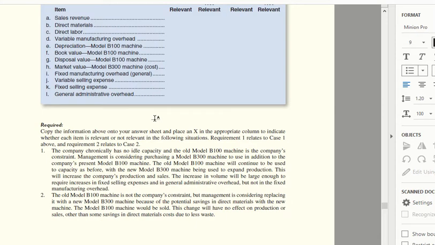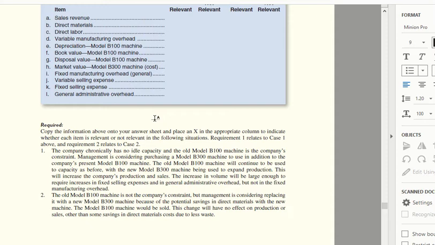The old model B100 machine is the company's constraint. Management's considering purchasing a model B300 machine to use in addition to the company's present model B100 machine. The old B100 machine will continue to be used to capacity as before, with the new model B300 machine being used to expand production. This will increase the company's production and sales.